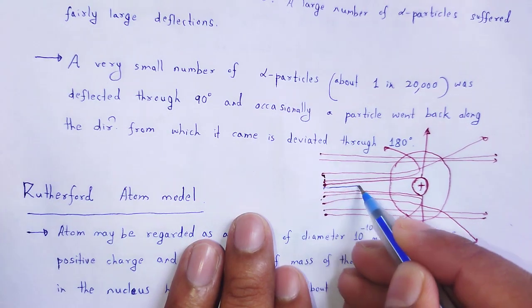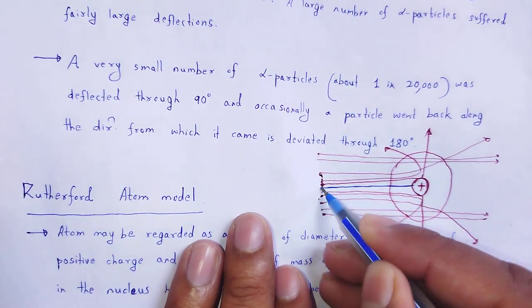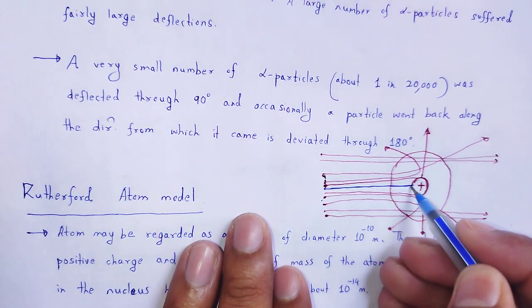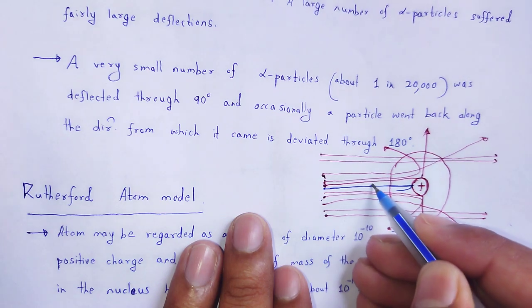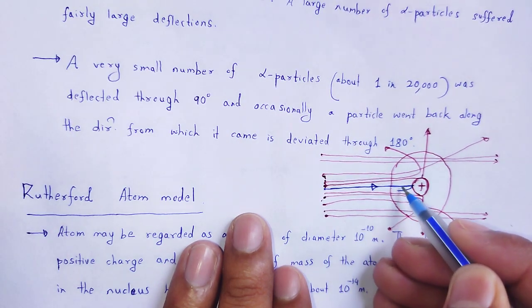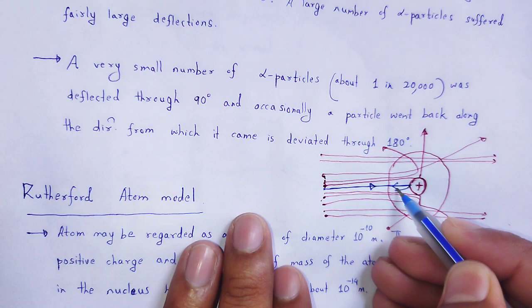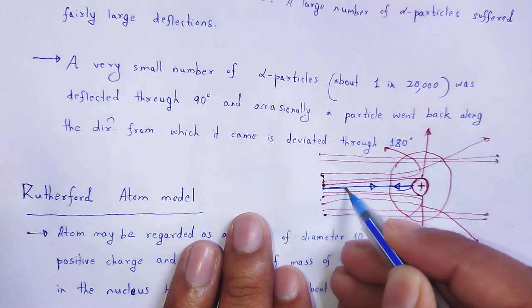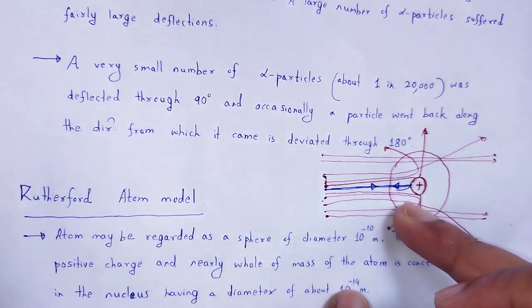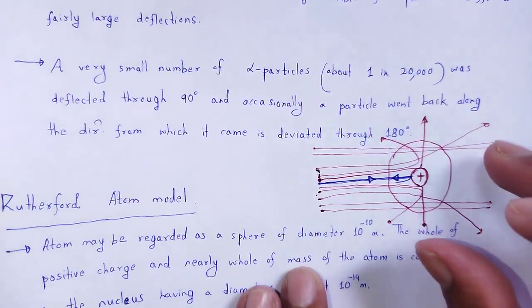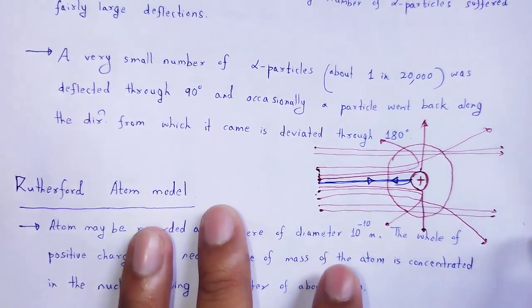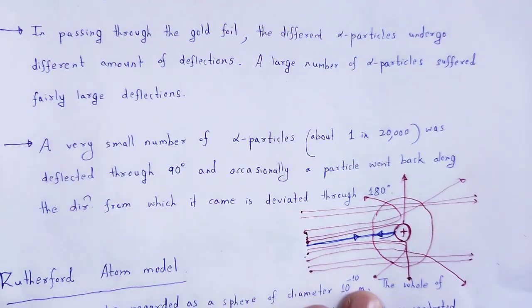Again, this is 180 degree deflection. That was the observation seen by Rutherford.